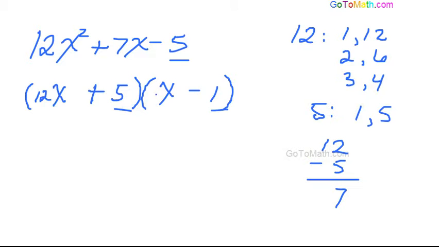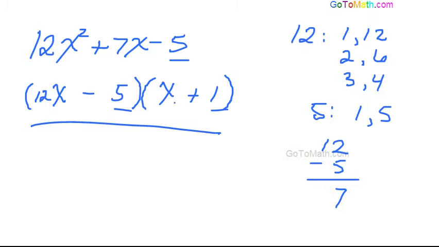So 12x times x is 12x squared, and then 12x times minus 1 is negative 12, and then, oh wait a minute, I got my signs backwards, didn't I? Minus and a plus. Okay, so 12x times 1 is 12x, and then minus 5x is going to be 7x. That's ridiculous. Okay, 12x minus 5.